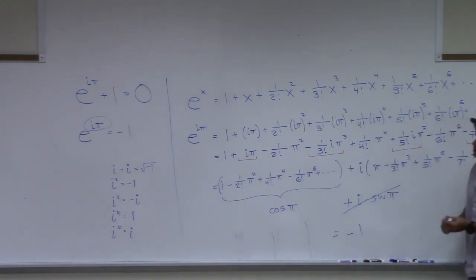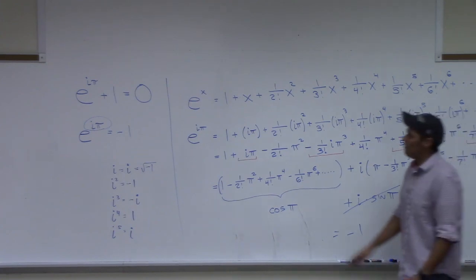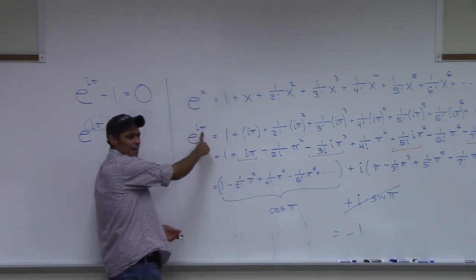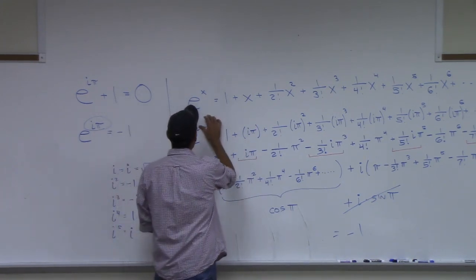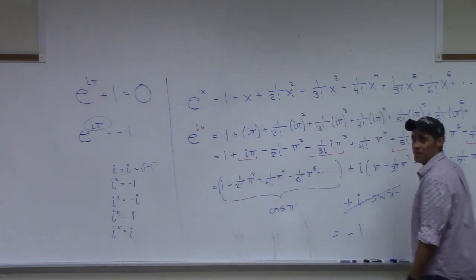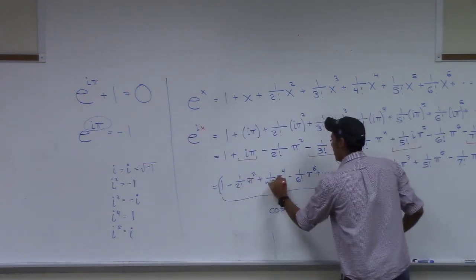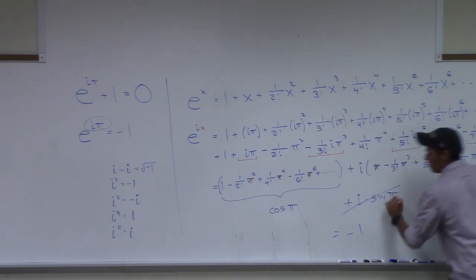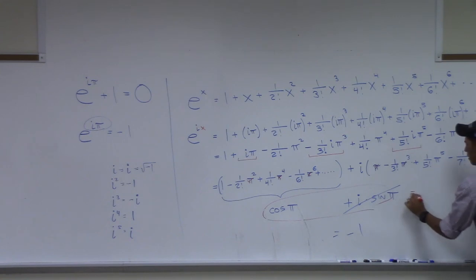So this is actually even more profound, I guess. What if I would have just left this, and instead of pi's here, I just would have left it as a variable like x, like e to the ix? Then everywhere I see pi's would be x's, right? So x is here, x here, x here. And then what we would get instead of this, what would we get?